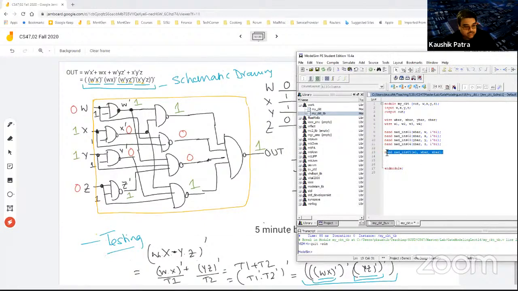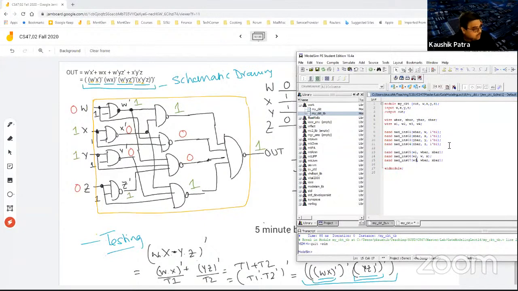Definitely, if we make a mistake here, we'll see a different result in my simulation output. NAND 6, the second NAND, is WX. Okay, WX. Then the third NAND in that series would be W2, W3.